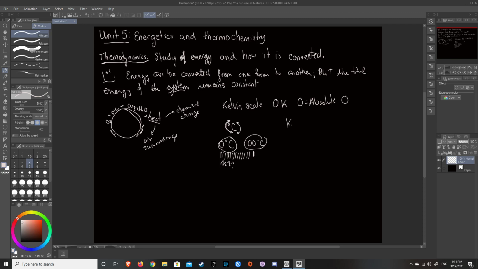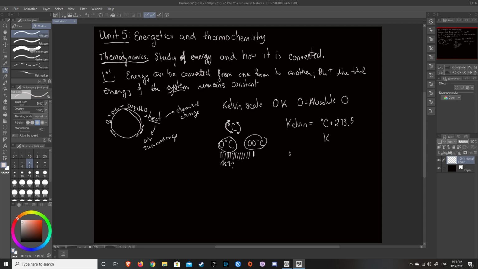So the Kelvin scale is degrees Celsius plus 273.15, and the units are Kelvin.